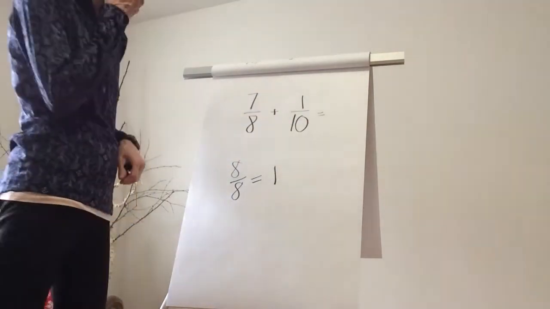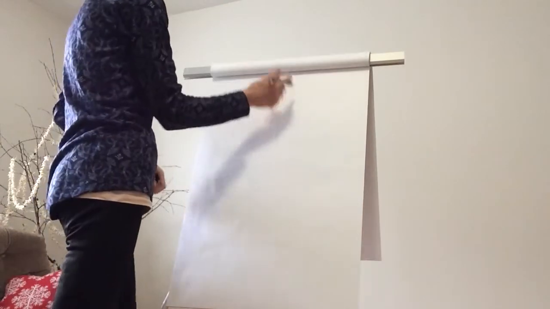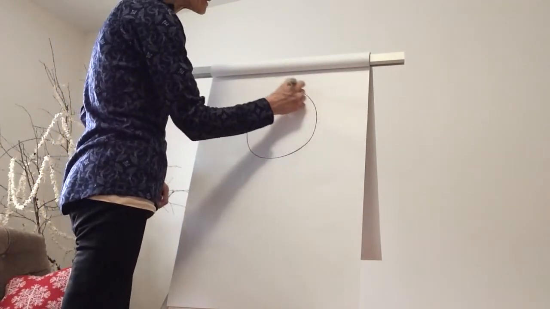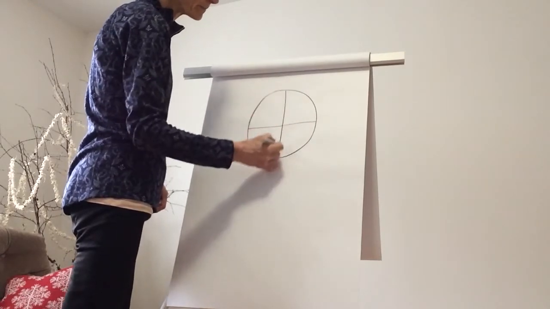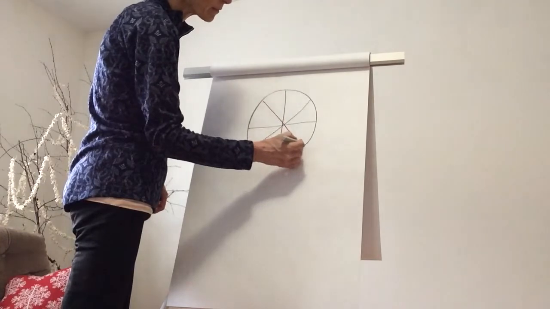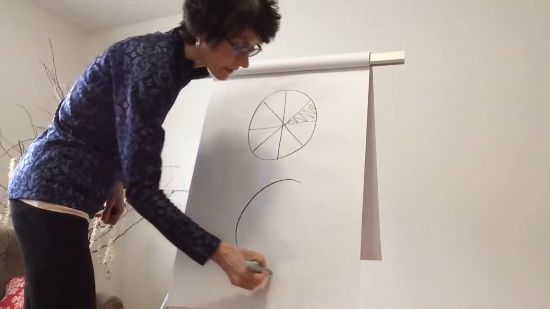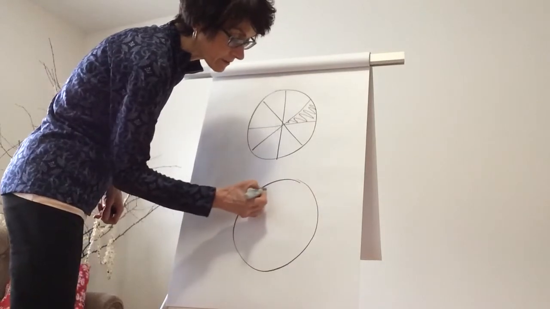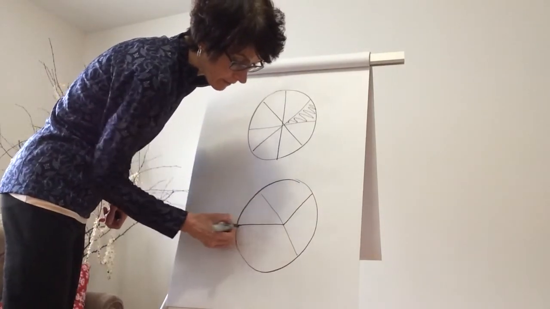And if you're ever confused about trying to figure that out as well, the other way you can do it, if you had something like a pizza, and you wanted that divided into 8s. So there you go, there's 8s there, and we had 1/8 of that. But then if you had a pizza and you wanted it divided into 10ths, so let's see if we can do this in a reasonable way here.